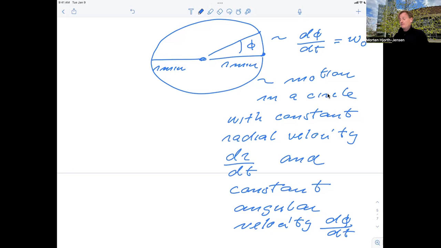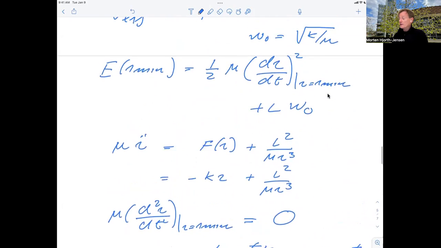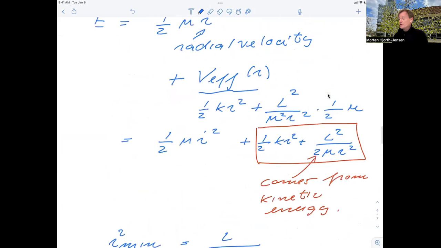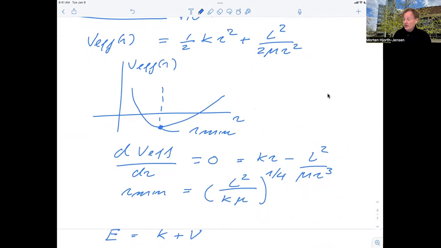So what we have shown now, when we have made this transformation to polar coordinates, and go back to the way we plot the effective potential, is a minimum here, which corresponds to a 0 acceleration in the radial direction, which means that we have a constant radial velocity.